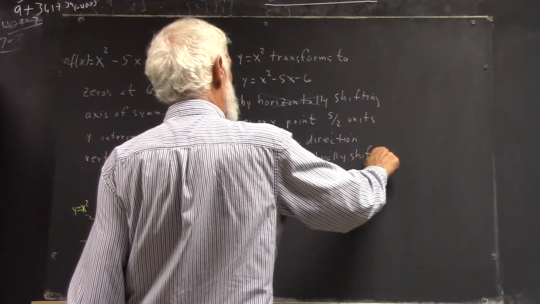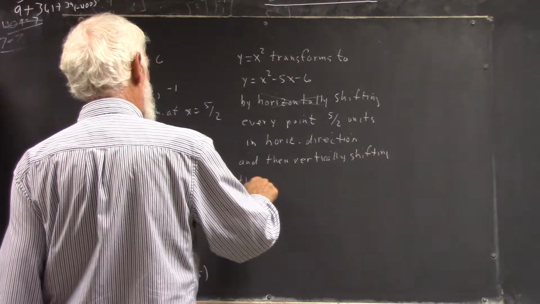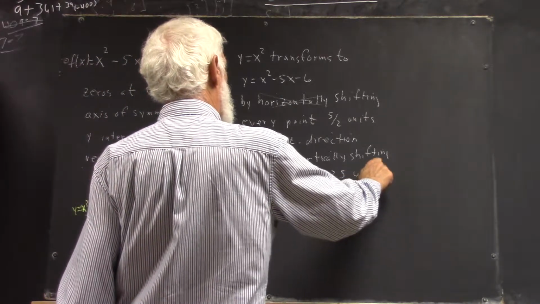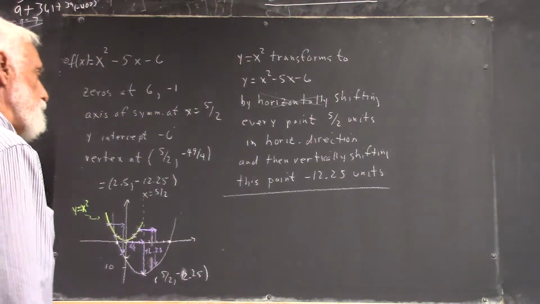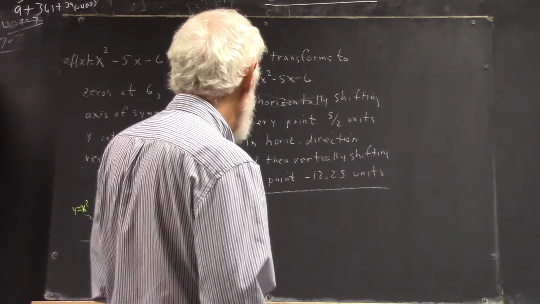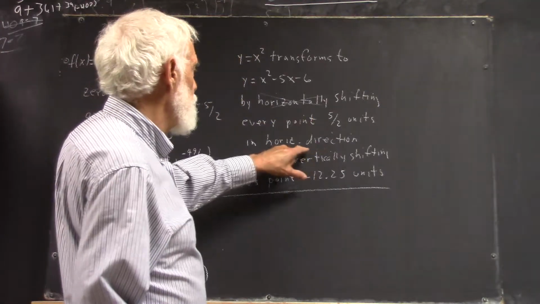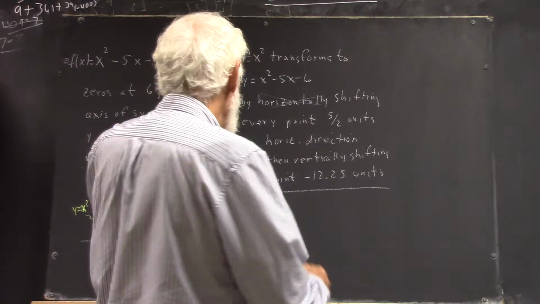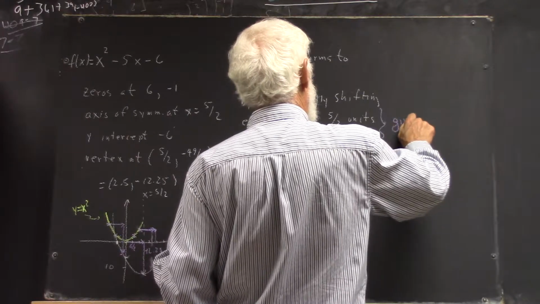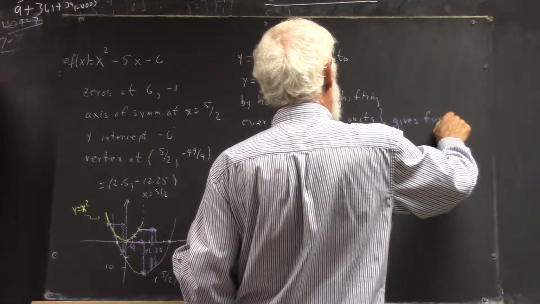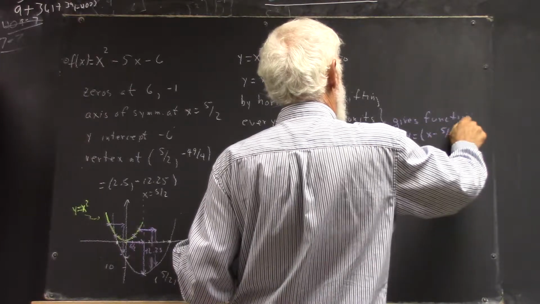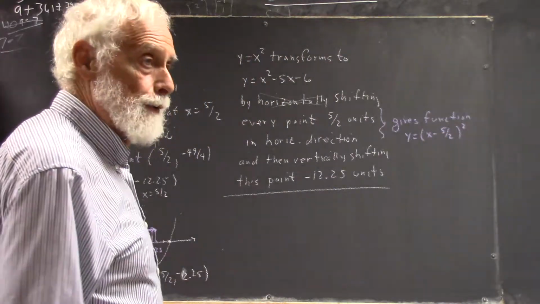And vertically shifting this point. Now, shifting 5/2 unit in the horizontal direction gives us the function y equals x minus 5/2 quantity squared.